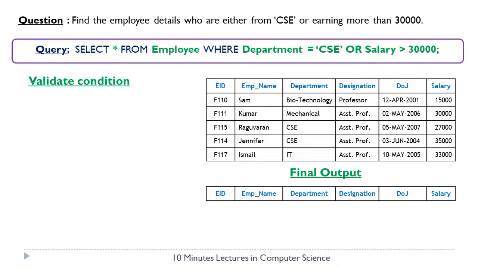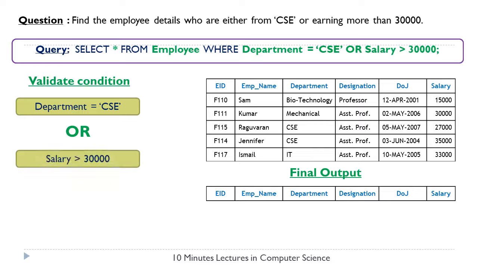As per the conditions given, for a record to be included in the result set, either the department should be CSC or the salary should be greater than 30,000, or both can be valid as well.